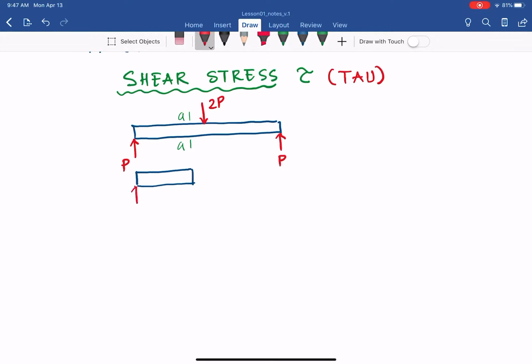Then we have the load P, and it's exposed to the shear force V. We have a normal force and internal bending moment, as we already talked about, and that applies for a transverse cut.